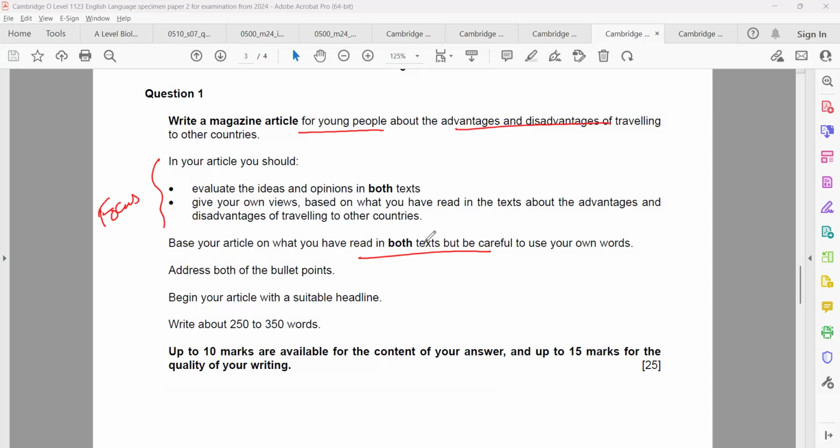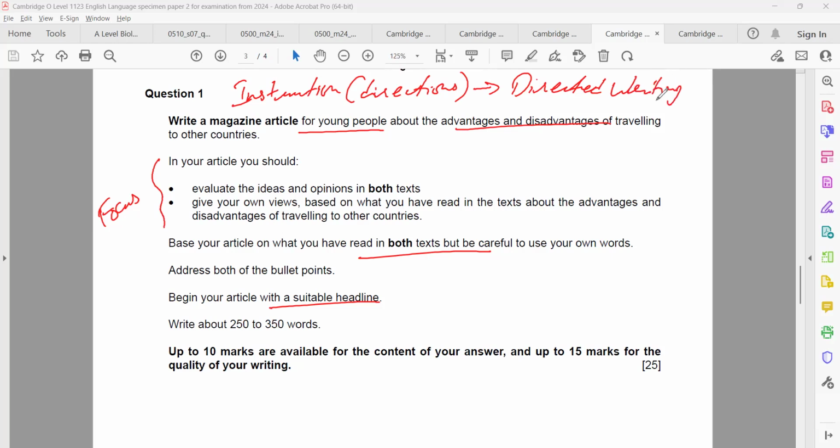You're going to use information from both texts, and you're told to use a suitable headline in this case because it's a magazine article. Because you are given directions about what to write and how to write, it is called directed writing.